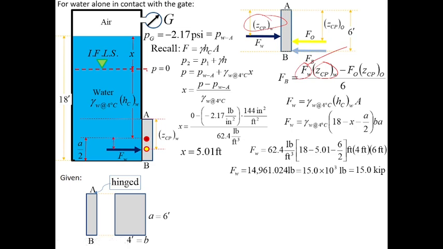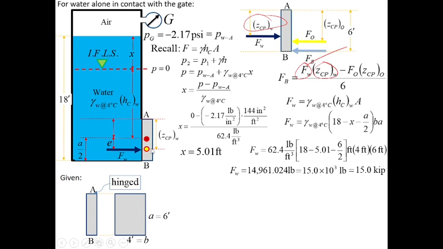So to find that, we need to determine the eccentricity. Okay, we need to determine the eccentricity, the distance between the centroid of the gate and the center of pressure, no, due to water.